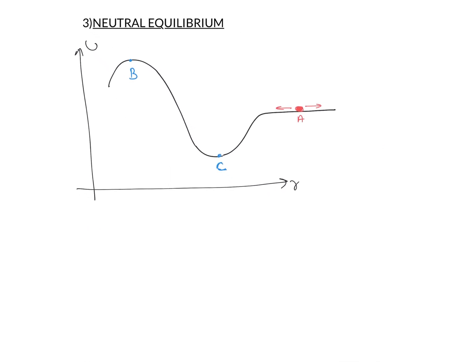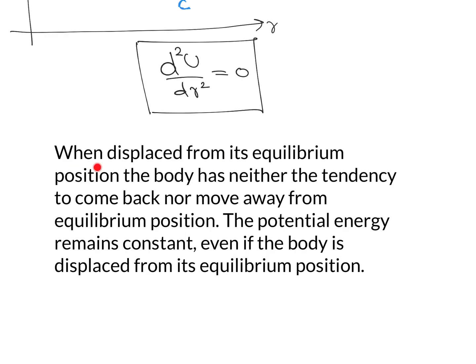At neutral equilibrium, as the potential energy is not changing, the value of d²U/dr² should be equal to 0. Remember that when displaced from its equilibrium position, the body has neither the tendency to come back nor to move away from the equilibrium position. The potential energy remains constant even if the body is displaced.